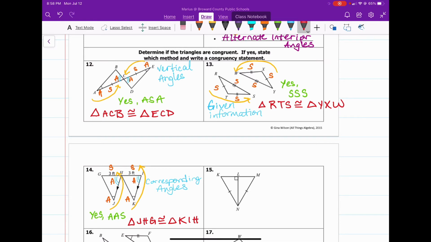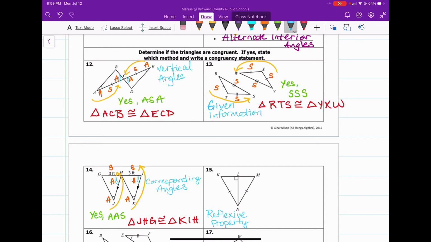Okay? Number 15. Number 15, here we have, this would be an example of reflexive property. Okay, and remember that reflexive property refers to a shared side.